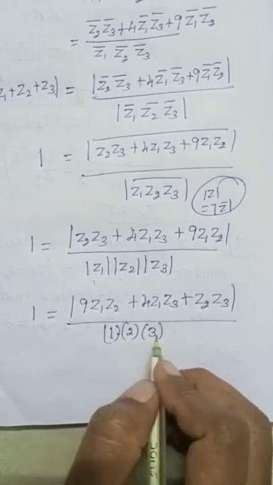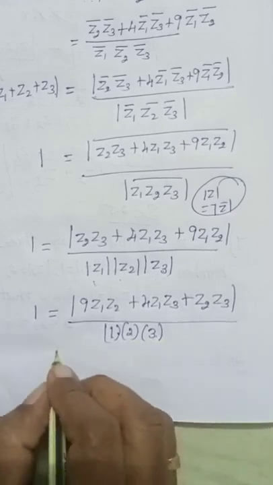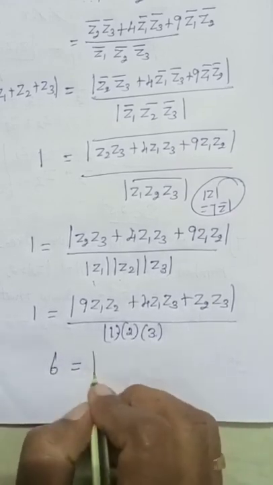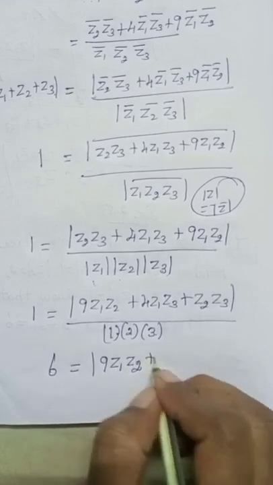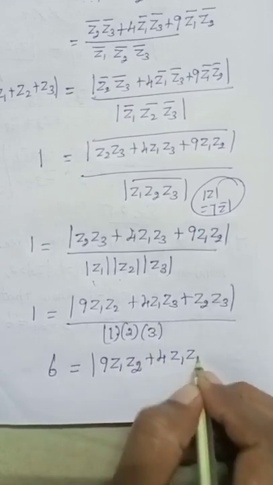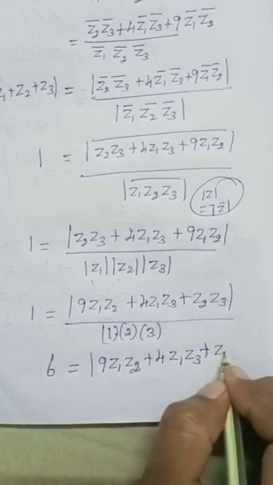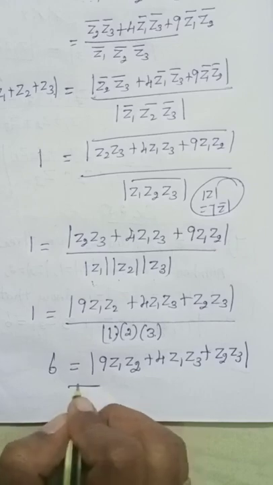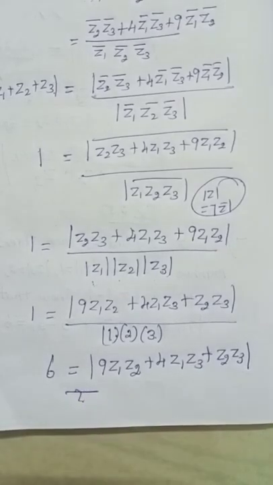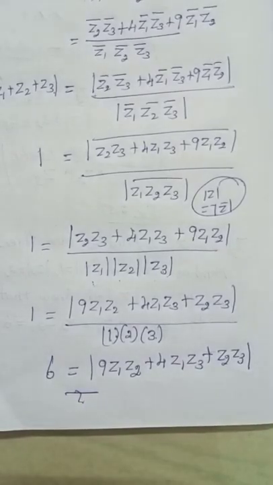So 1 into 2 into 3, that is 6. Cross multiply, we may get 6 equal to modulus 9 into Z1 Z2 plus 4 into Z1 Z3 plus Z2 Z3. See, check it. This is what they have asked us to prove.